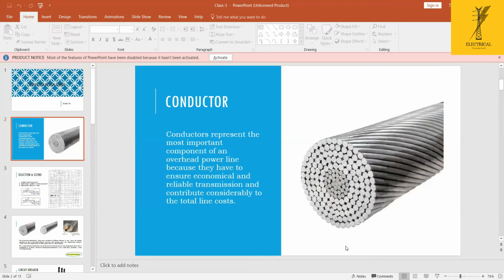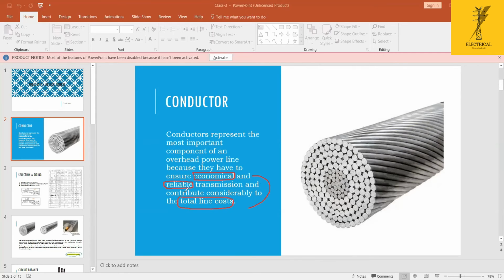Just read some important terms in this sentence: one, economical, and the other, reliable. These two I have to ensure, which leads to the total line cost.